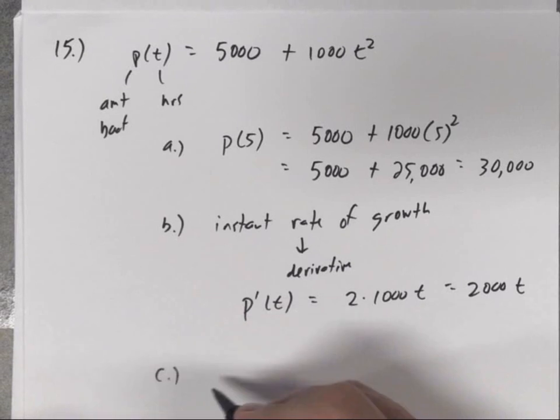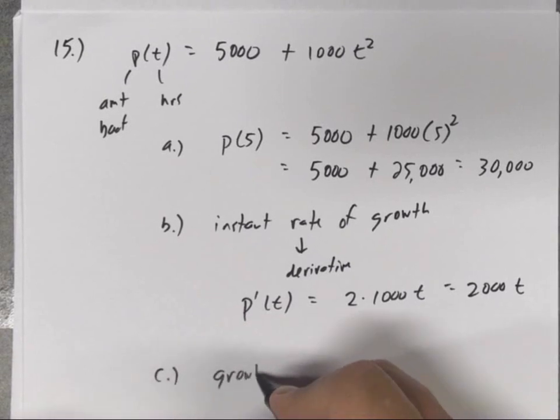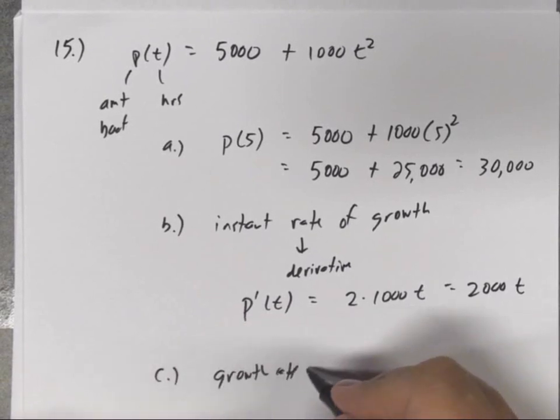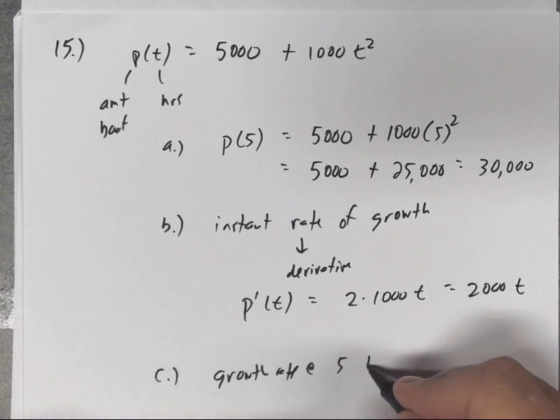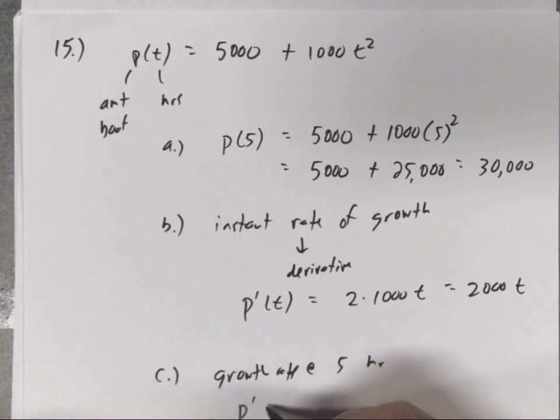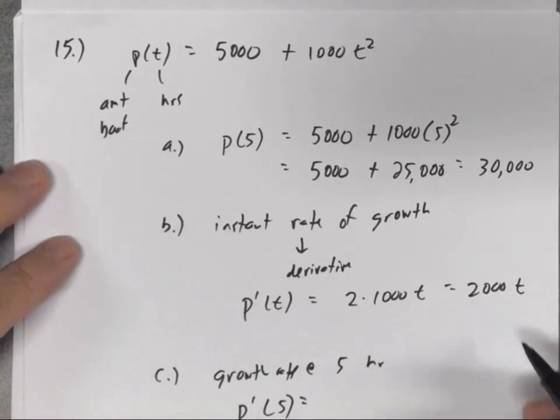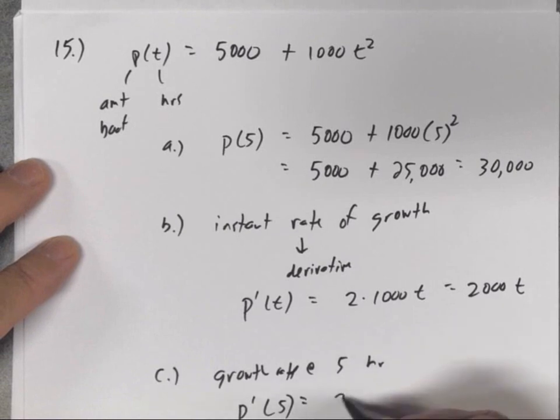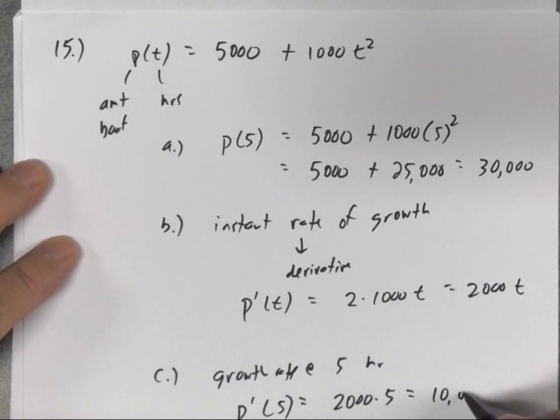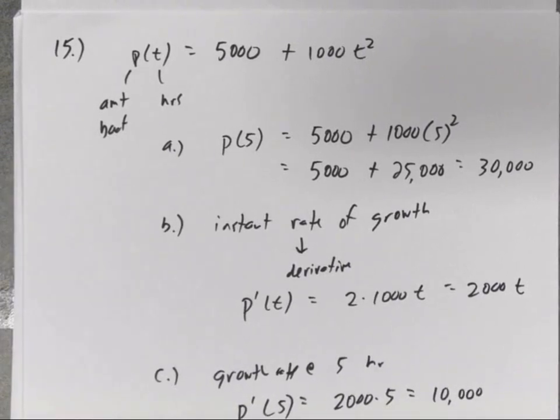And then part C, the growth rate at 5 hours. In other words, what's the derivative at 5 hours? Looks like 10,000. All right, so that wasn't too bad.